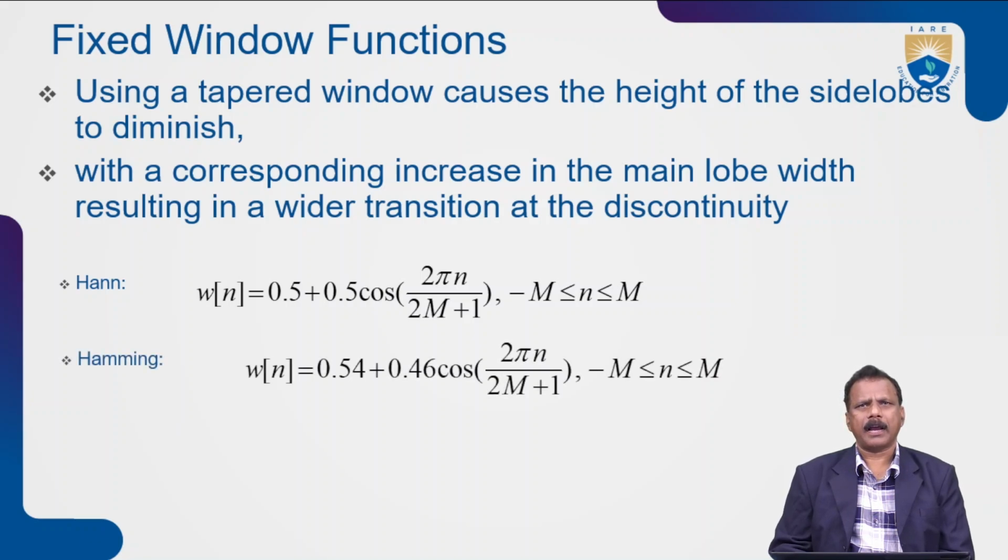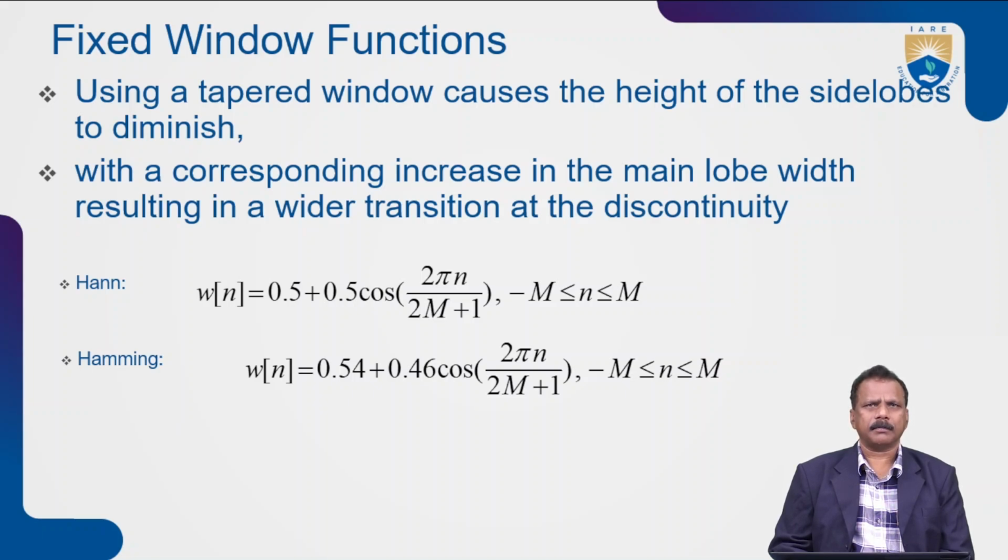Now coming to the Hamming window: w[n] = 0.54 + 0.46 cos(2πn/(2M+1)), −M ≤ n ≤ M. These are fixed windows, and using a tapered window causes the height of the side lobes to diminish, with the Hann and Hamming windows.